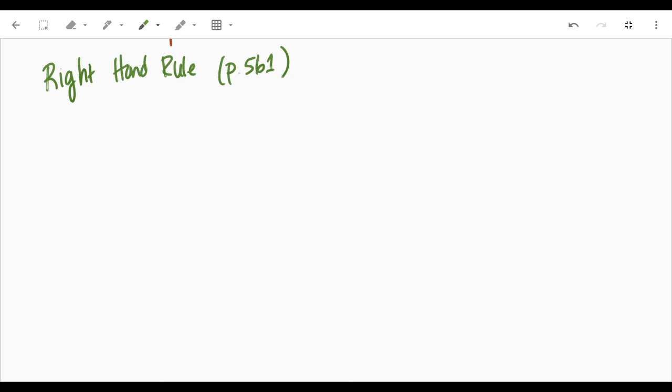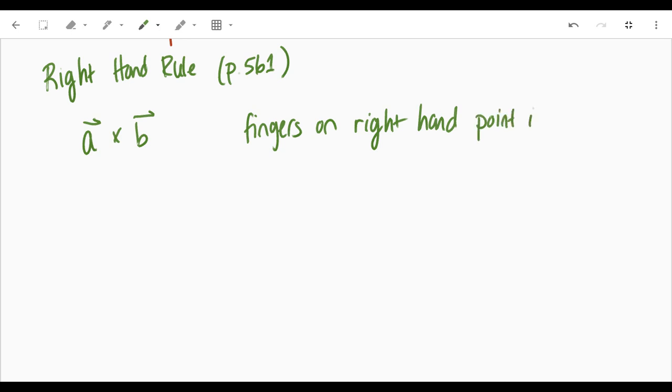Okay, if you are doing A cross B, what you would do is you would put your fingers on your right hand, and they point in the direction of A. Then you curl your fingers towards B, and this is curl over the acute angle.